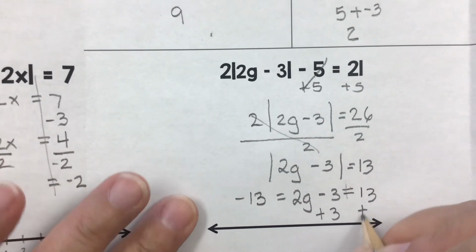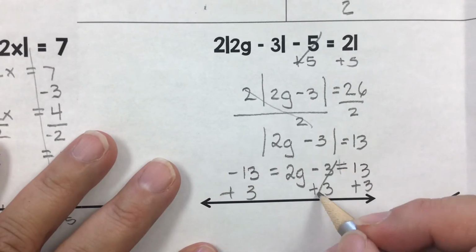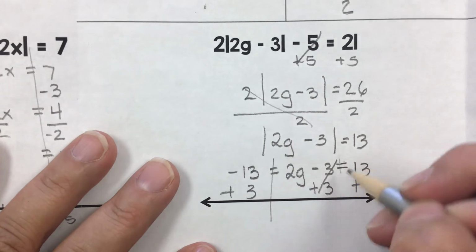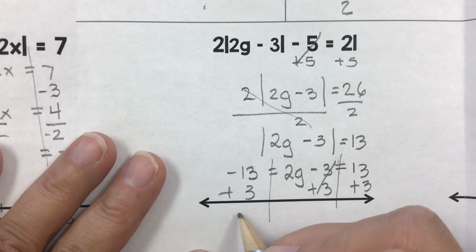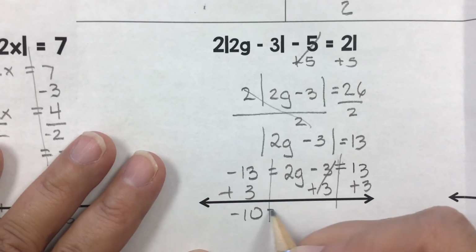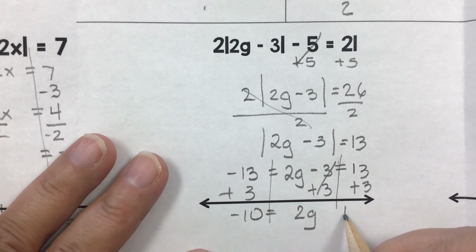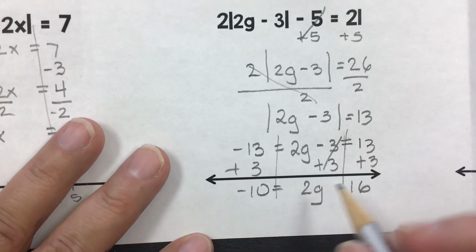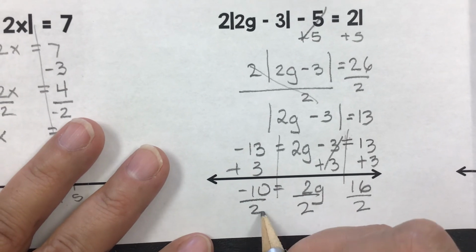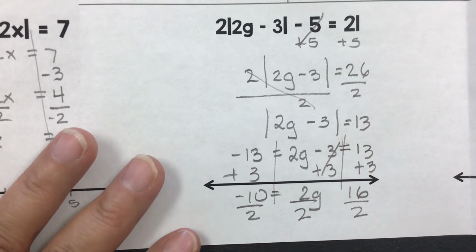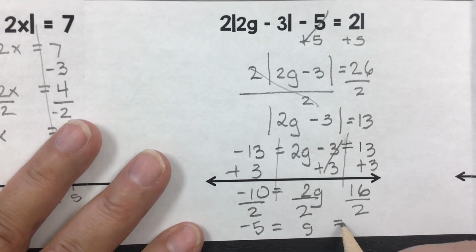Plus 3 to all 3 sides. This gives me a negative 10 is equal to 2g is equal to 16. Then we're going to divide by 2, right? So we do divide by 2 to all the sides. Negative 5 is equal to g is equal to 8.